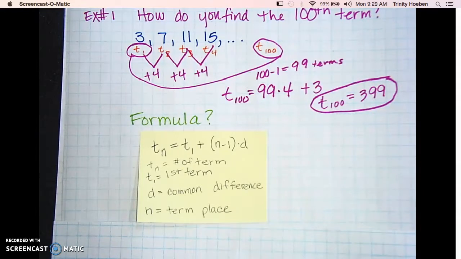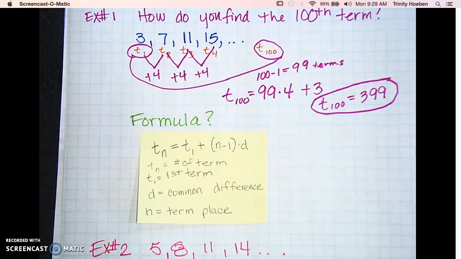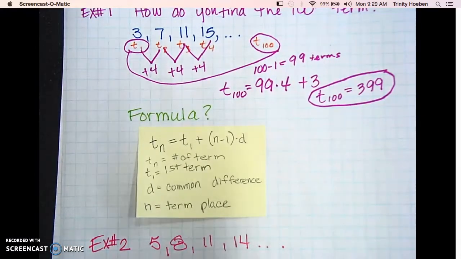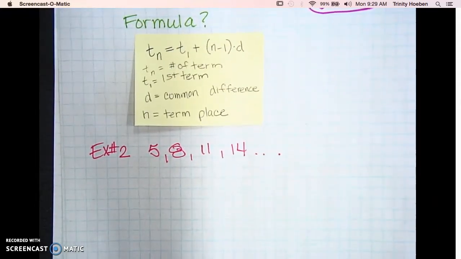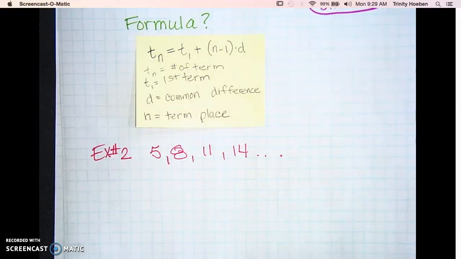So we're going to try example 2 using this formula. Put up just enough so you can still see the formula. And we're going to take this sequence of numbers.